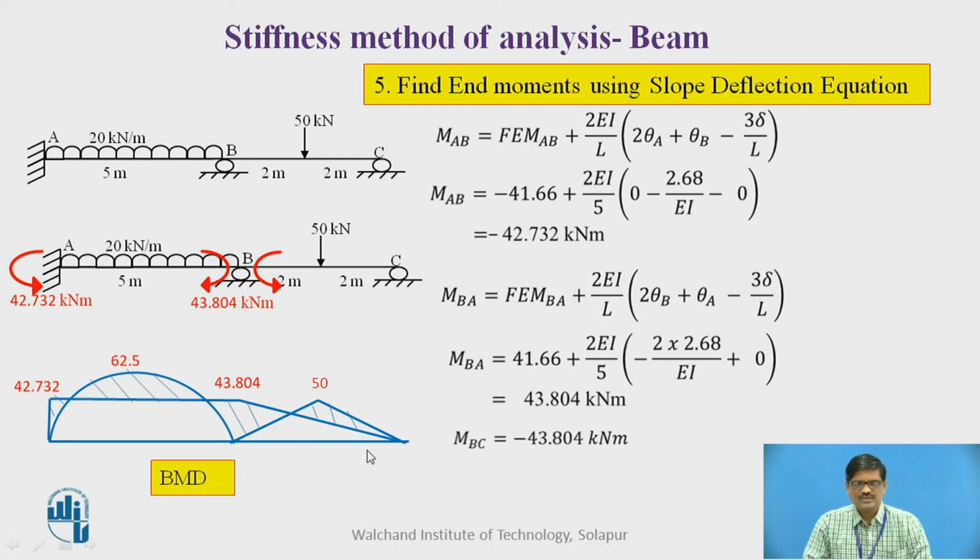And on this positive diagram we have to superimpose the hogging moment diagram at the support. So 42.732, then at support B we have a hogging moment of 43, it is shown here, and after superimposition whatever is the balance, that is our net bending moment diagram.